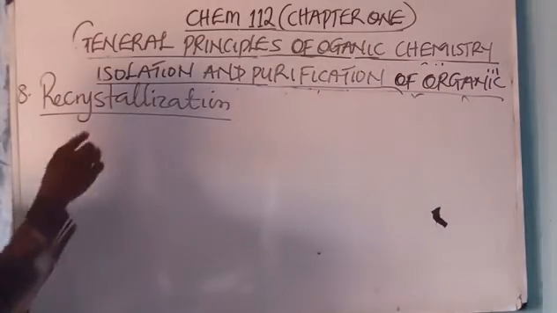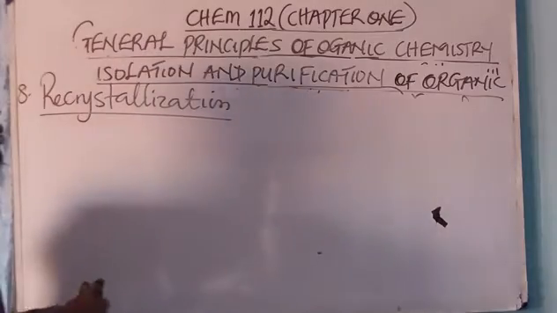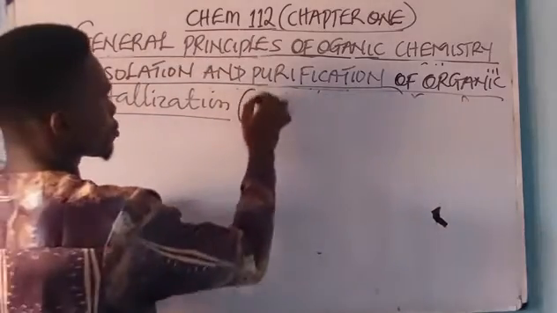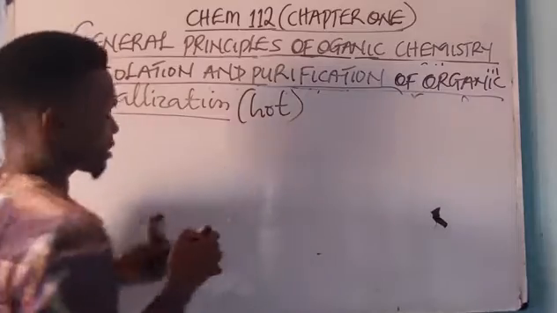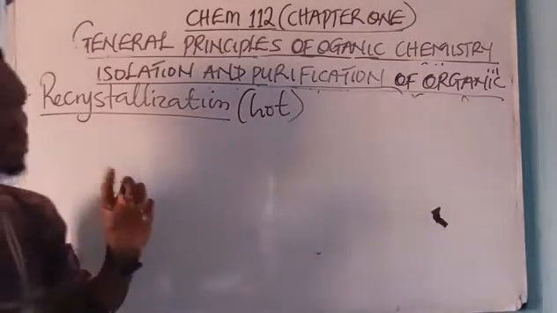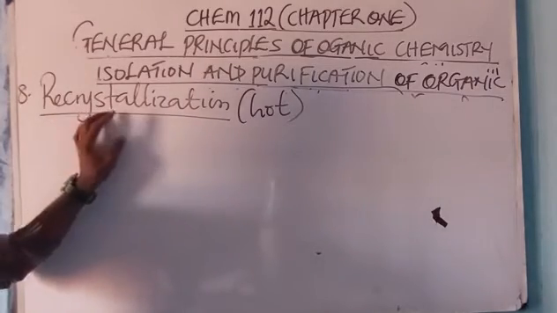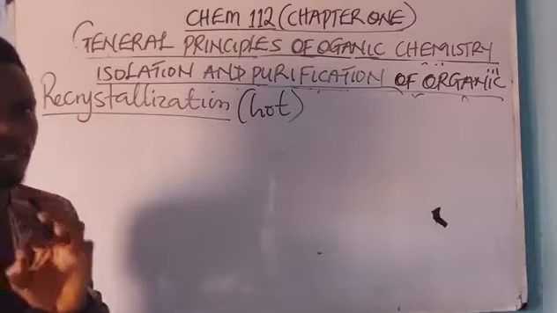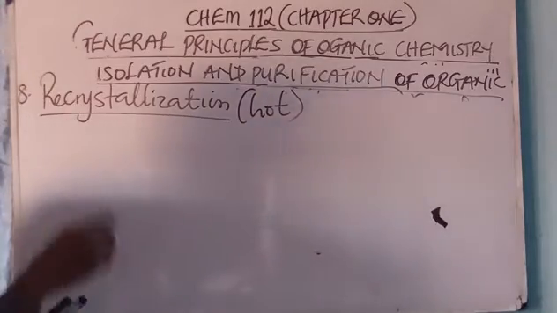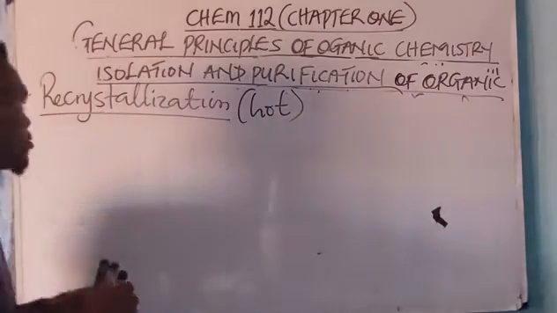Which means that for a solvent to be used to dissolve a particular crystal, such solvent must be hot. Hot solvent is used for the dissolution of crystals. Please, solvents that are used during recrystallization must have the following characteristics.